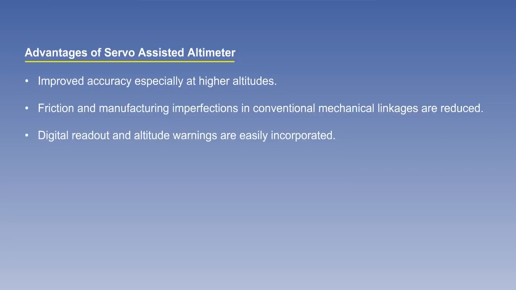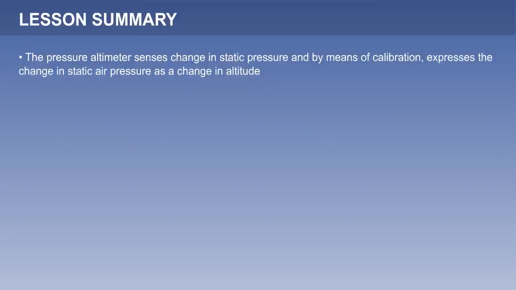This concludes the lesson. A summary of the main points to consider from the lesson follows. The pressure altimeter senses change in static pressure, and by means of calibration expresses the change in static air pressure as a change in altitude.